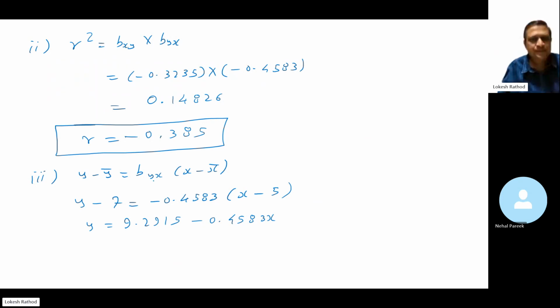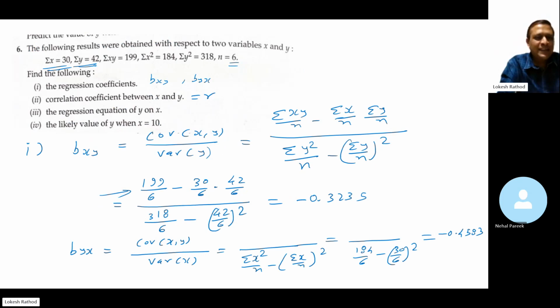You got this equation, right? If you want, you can simplify further. You can ignore one decimal place because we are using 4 decimal places here. Up to 291 you can write, and then you can simplify further. Or I'll keep it in this form also. I don't think there will be any problem, right?